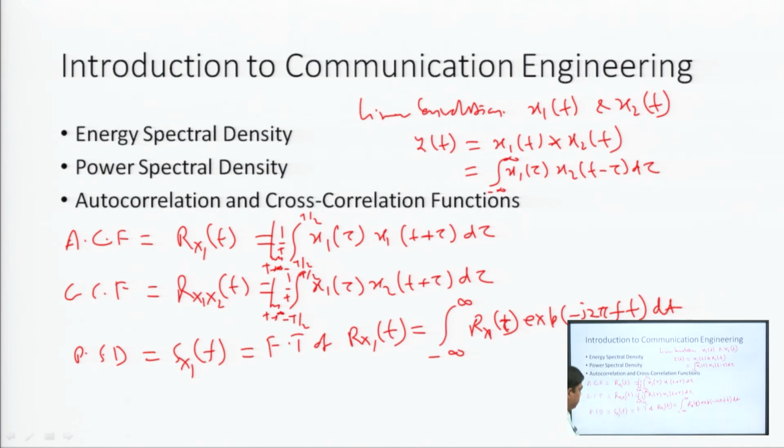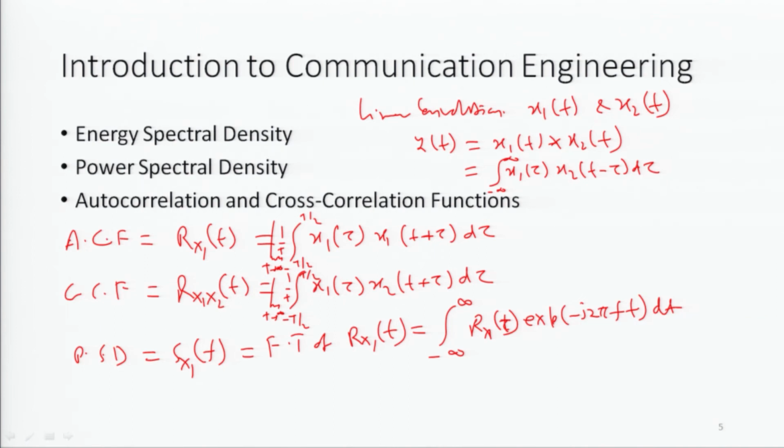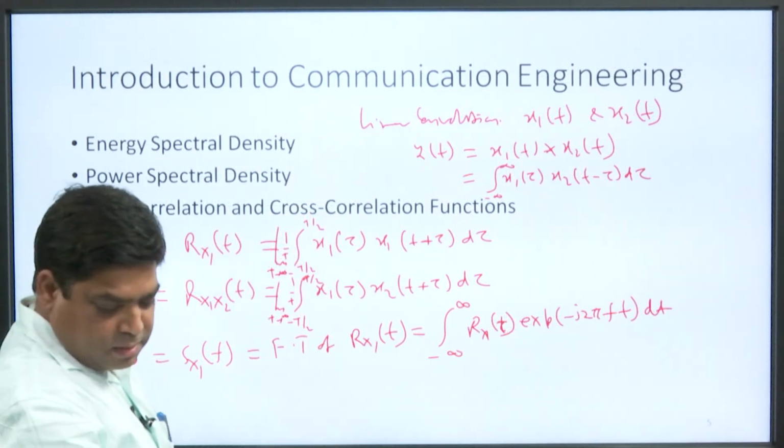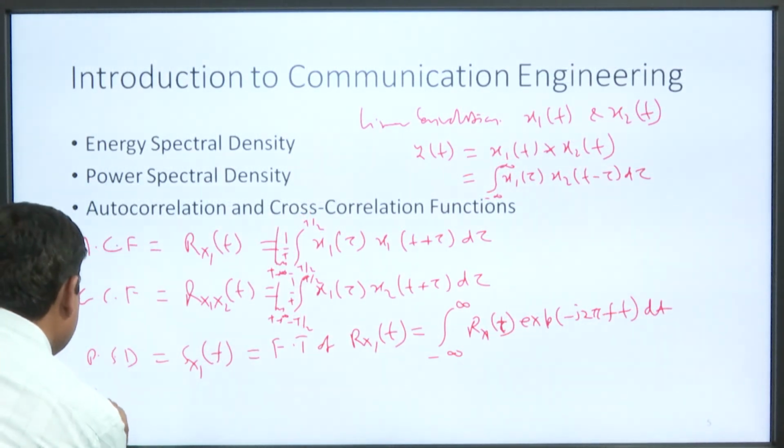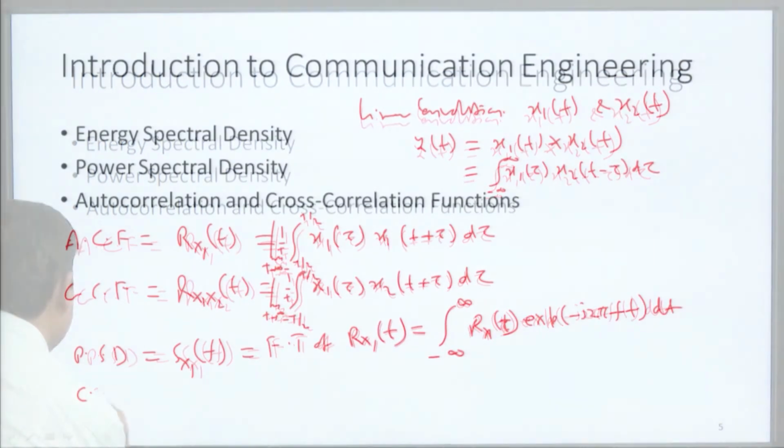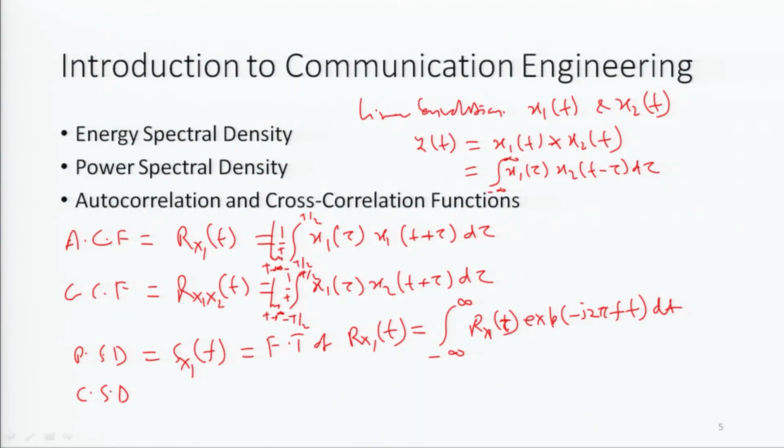If we put this value here, you will get the PSD, that is the limit T tending to infinity of 1 upon T mod of X1(f) whole squared. This is the power spectral density, and similarly the cross spectral density, Sx1x2(f), is the Fourier transform of the cross correlation.